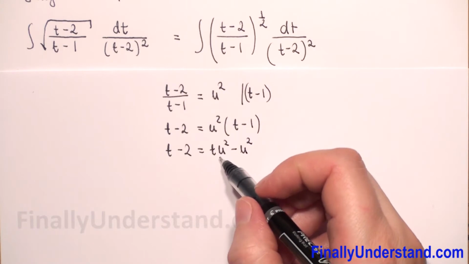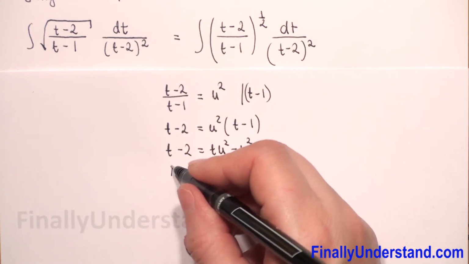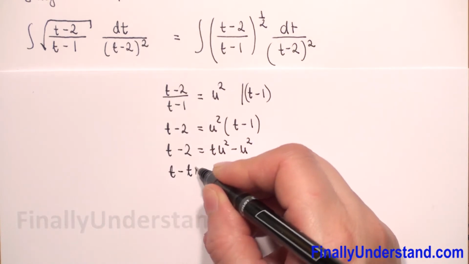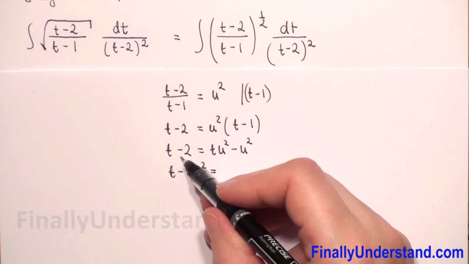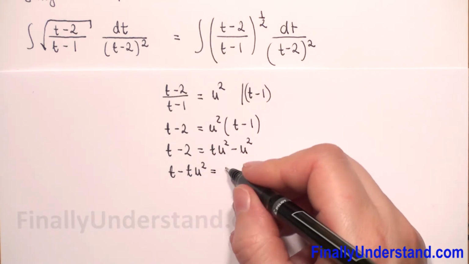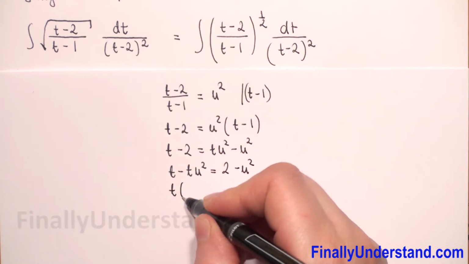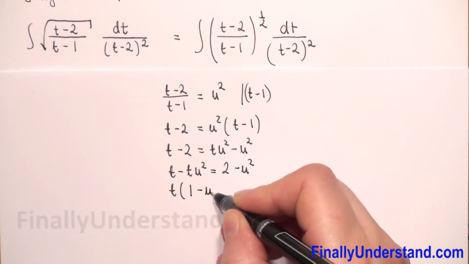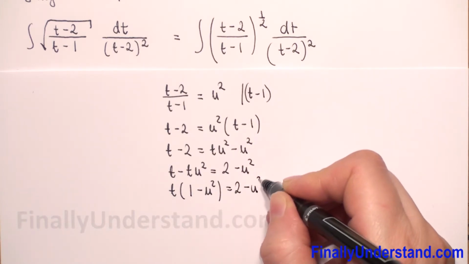Now I will move the expressions with t to the left side. So we will have t minus t u square is equal to, I will move negative 2 to the right, so it will be 2 minus u square. T we can factorize, so we have t times (1 minus u square) is equal to 2 minus u square.